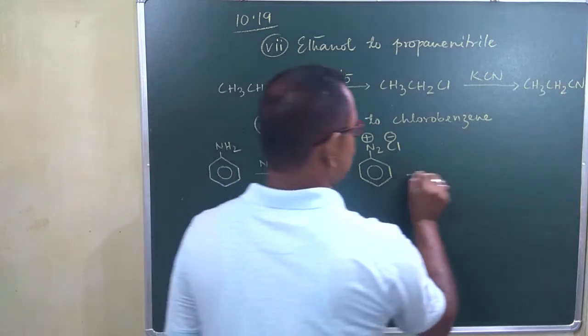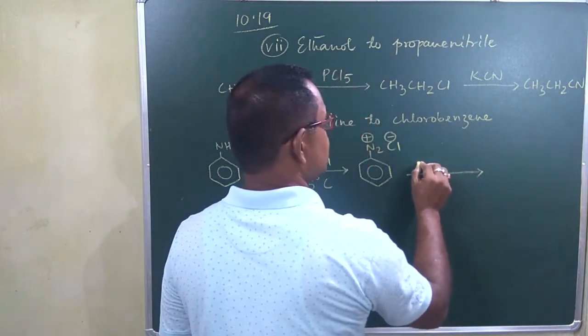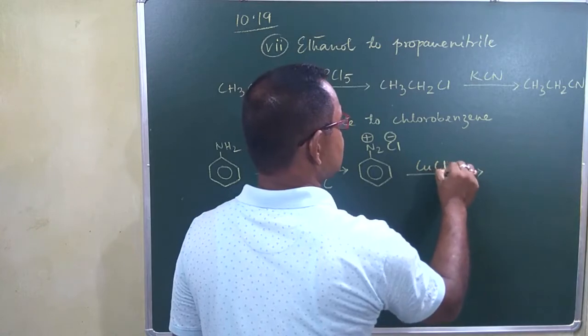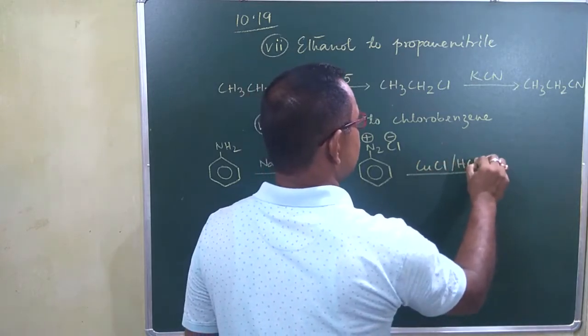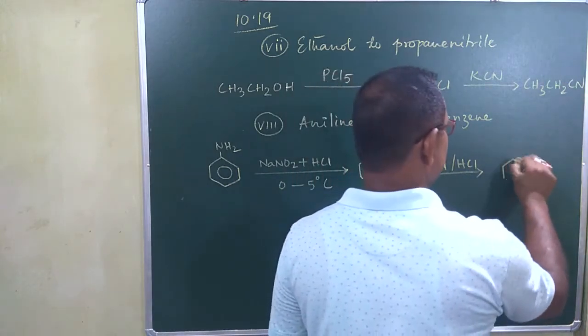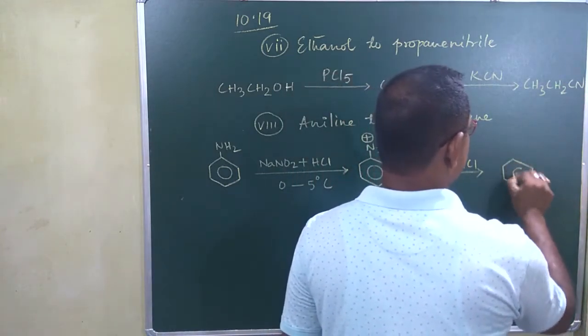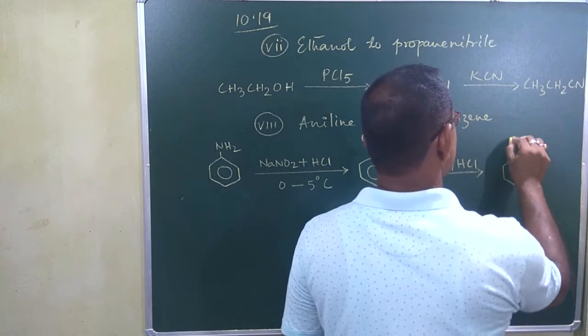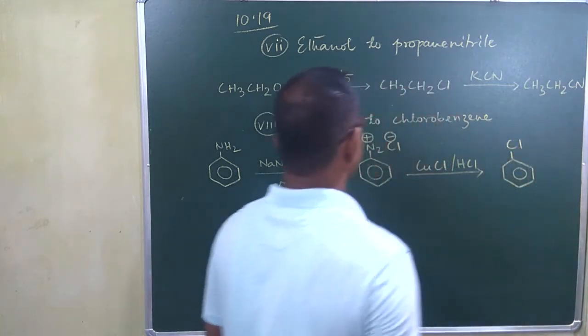Okay. So in Sandmeyer reaction, what is done? It will be treated with CuCl in presence of HCl. This will give you chlorobenzene.